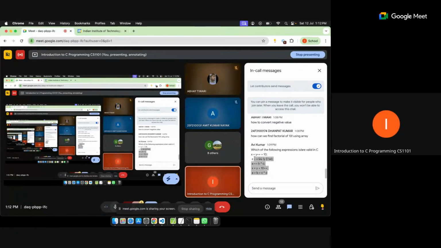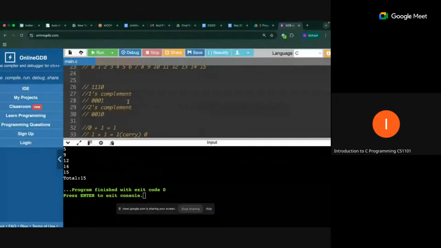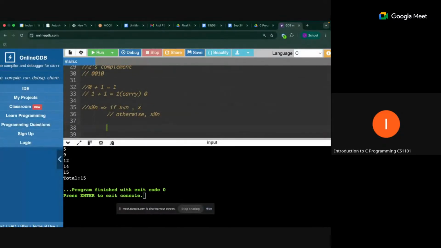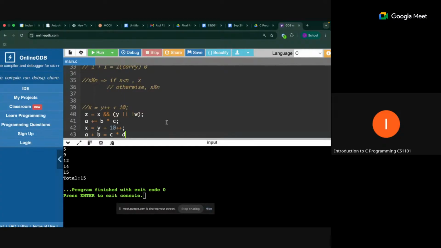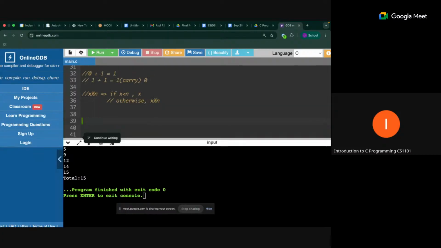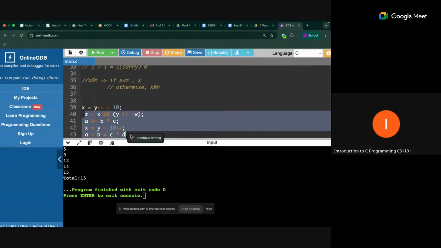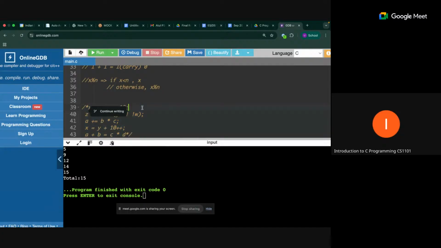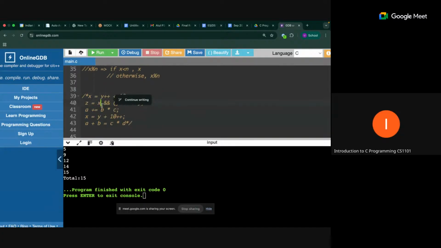And a plus equal to b into c means b into c is multiplied and added to a. Yes, this is also valid. This is not a valid one, and this is also not a valid one.